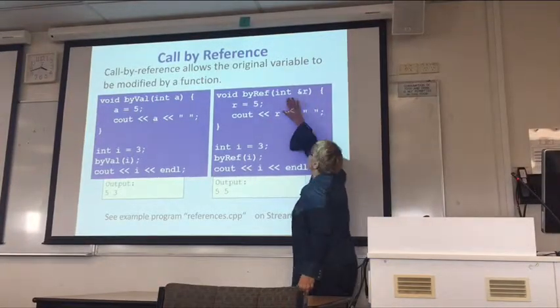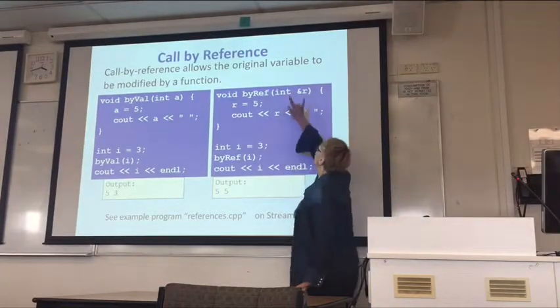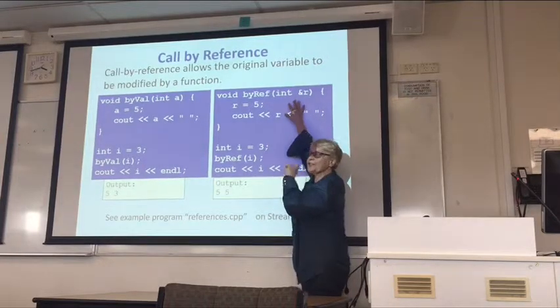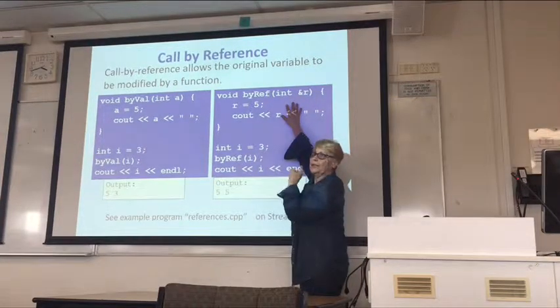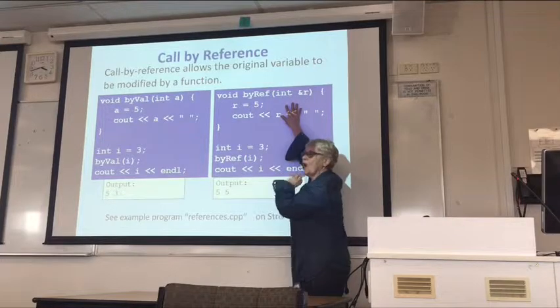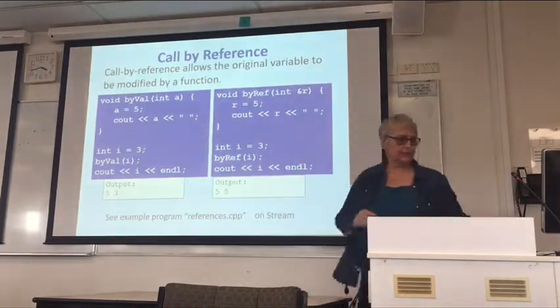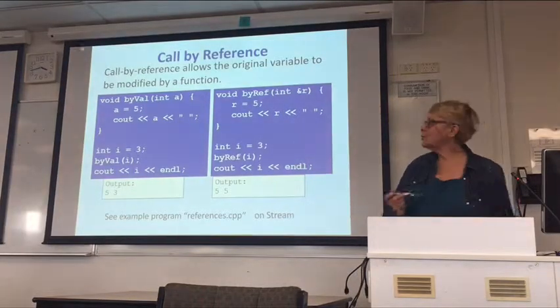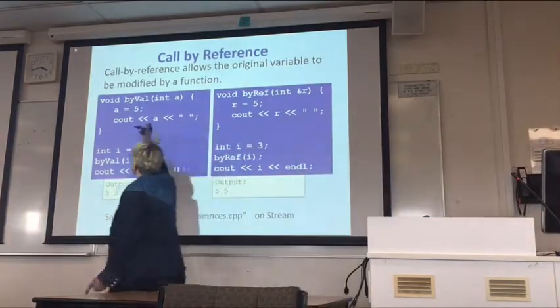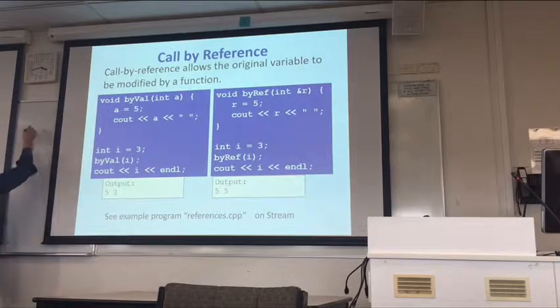With this one, because we use call by reference, be aware, this does not create any copy. It's not a copy created. When we use this, the system works with the original memory location. So in this case, we have I here, which was set to 3.